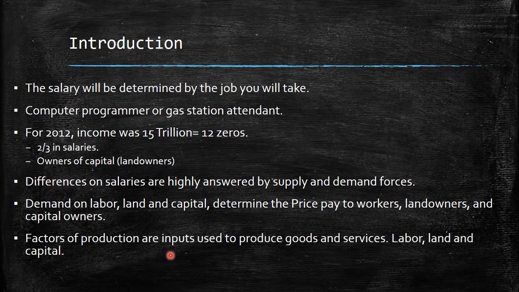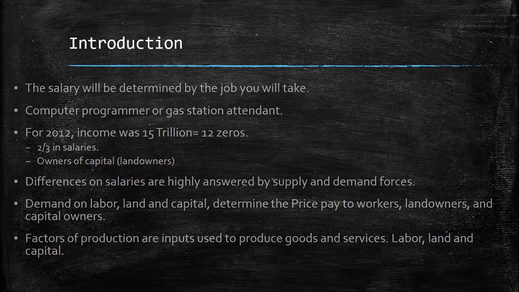The factors of production are inputs necessary to produce goods and services. Most of the time we consider labor, but it is necessary to understand the use of land and capital as well.